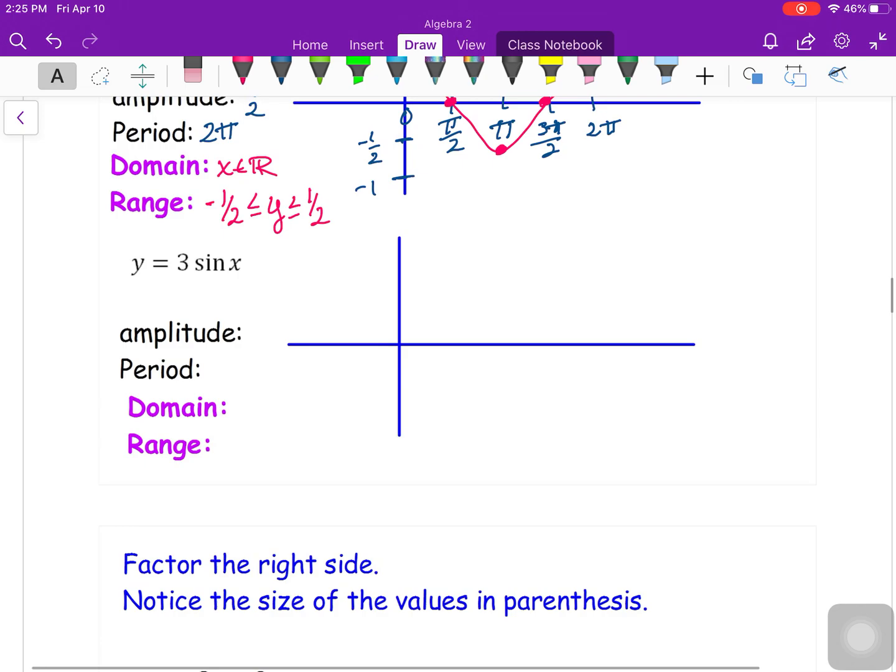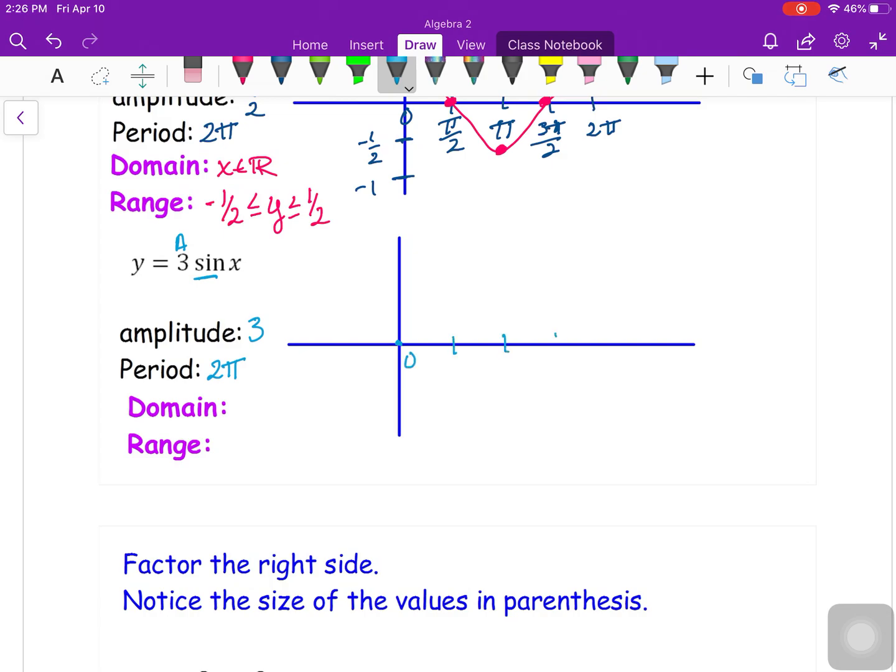Now our next one is sine. So what is the amplitude of sine on this one? Well, my A is 3, so my amplitude is 3. My period for sine is 2 pi. So again, I'm going to put these values on my x-axis.